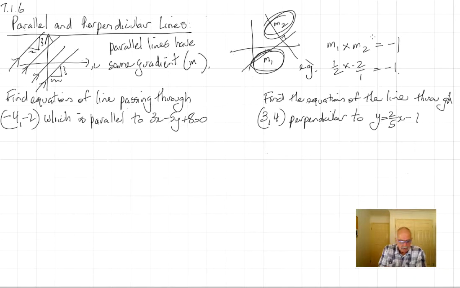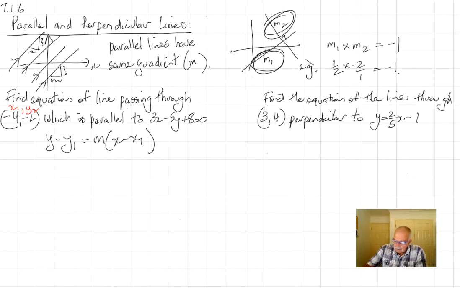So let's look at the parallel lines. Parallel lines have the same gradient. Now we're going to use y minus y1 equals m outside of x minus x1. So we need a point that the new line is going to go through. Here is my point. We're told that it passes through -4, -2.